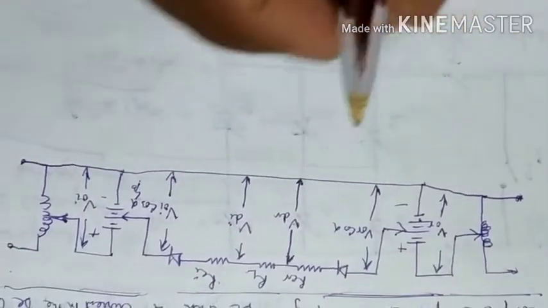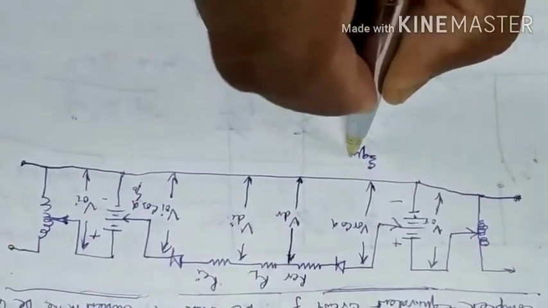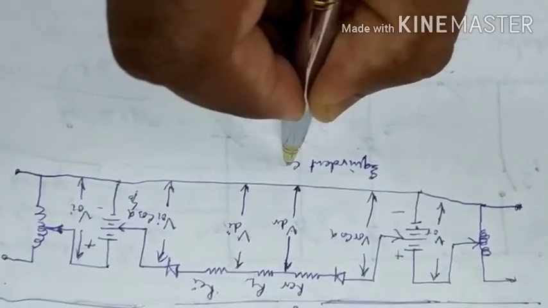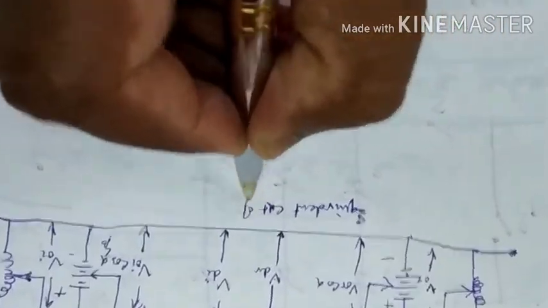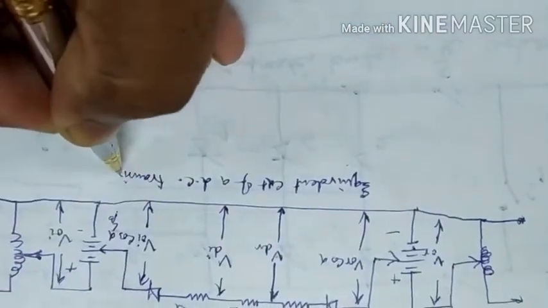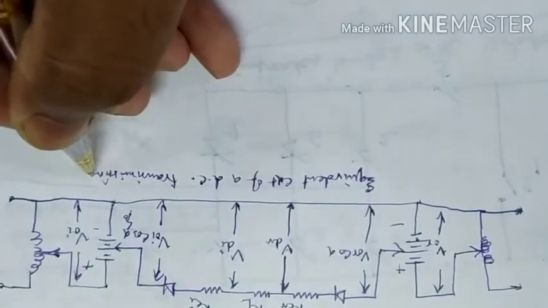So that is the total equivalent circuit of a DC transmission link.